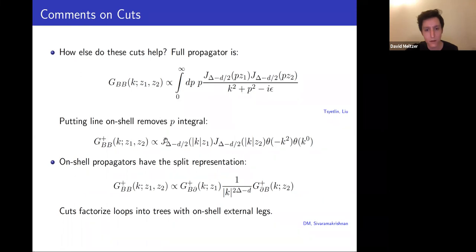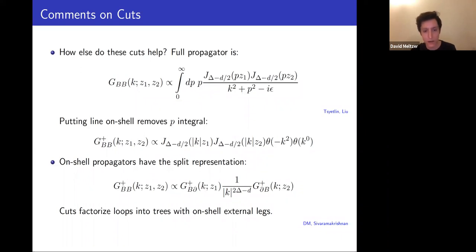I didn't explain this, but each of these Bessel J functions just corresponds to an on-shell bulk-to-boundary propagator. So our on-shell bulk-to-bulk propagator is a product of on-shell bulk-to-boundary propagators. And this power of 1 over k you can recognize as just dividing by a CFT 2-point function.